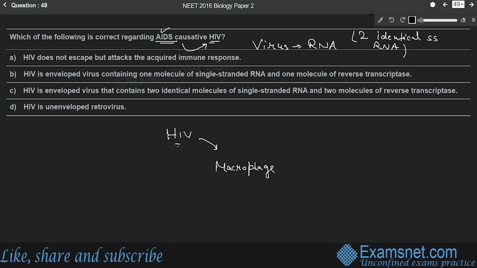Now we know that HIV will bring RNA with it. So first these RNAs will get converted into DNA through a process known as reverse transcription, because it is just the opposite of transcription. And the enzyme responsible for this conversion is reverse transcriptase enzyme.